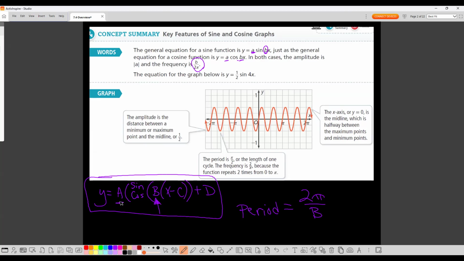A stretch, the vertical stretch, the horizontal stretch, left and right transformations, so phase shifts, and the vertical transformation, sliding the whole sinusoidal up and down. And our period could always be calculated by taking 2 pi, the normal period, divided by this B value, the angular frequency or frequency.